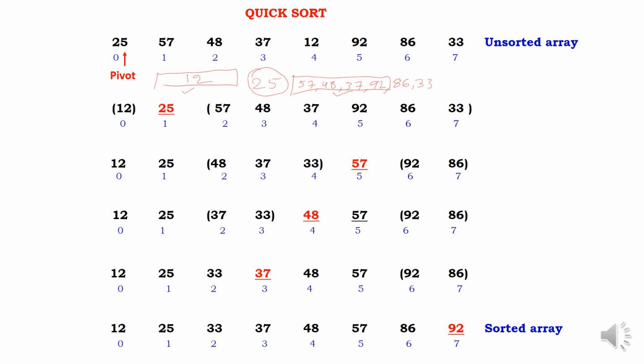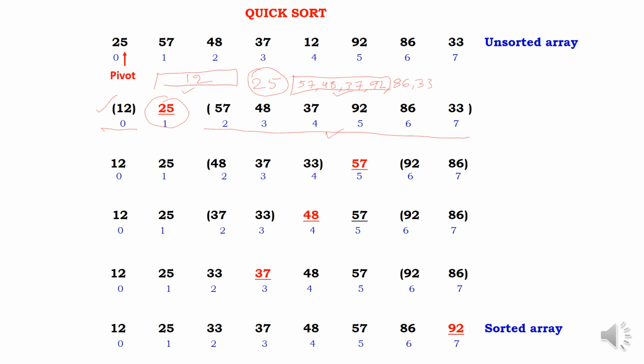So see here, 25 is fixed, left array, right array. On the left there is only one element, right? There are many elements on the right. Anyway, the array is divided into two partitions. So this is the left subarray and this is the right subarray.